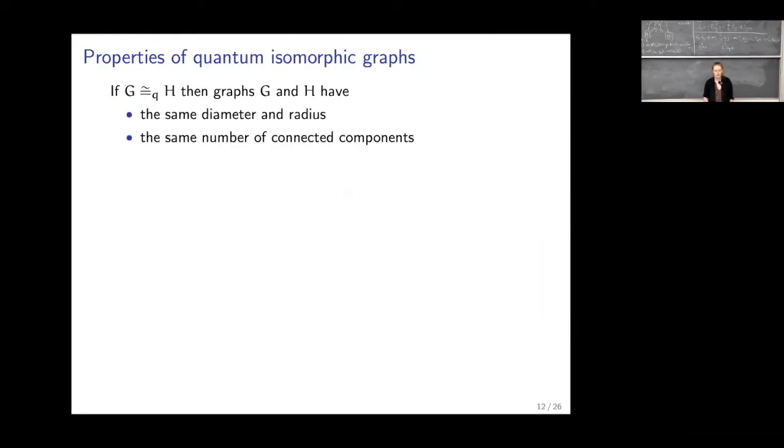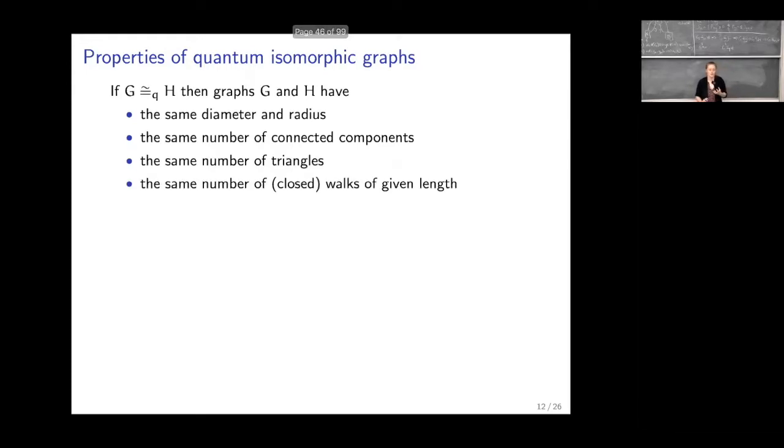All right, even though we have defined quantum isomorphism via this game, we can show that quantum isomorphic graphs are not just two random graphs. They share some similarities. In particular, they must have some structural similarities, like the same diameter, radius, number of connected components, also some similarities in terms of walks, say the number of triangles, and more generally, the same number of closed walks of any given length.